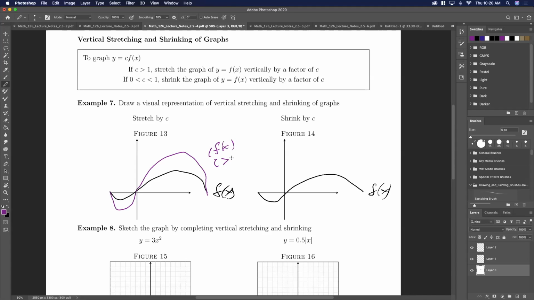And here I'll have c greater than 1. And here if I have c less than 1, it just shrinks. Notice it still should go through the zeros at the same point. It just kind of squishes it or shrinks it. And this is c f of x, where c is between 0 and 1. So it kind of just stomps down the function.